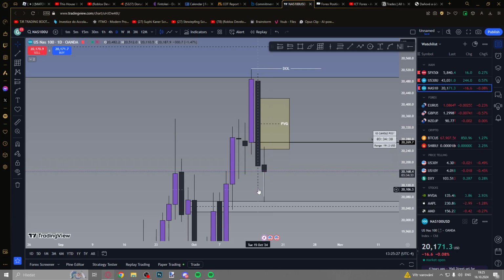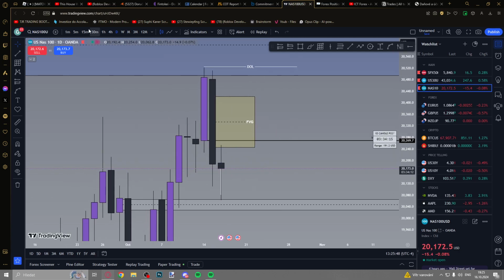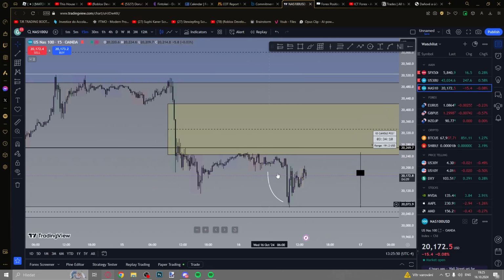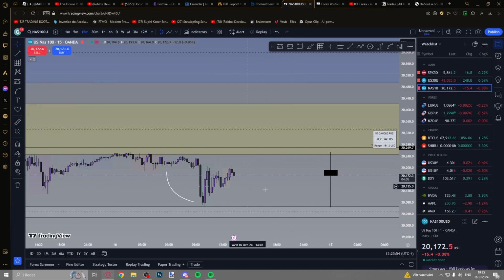We swept previous day low, which is a significant liquidity pool, into a PD array, and we reversed quickly, right? We didn't spend much time here, like you can see. Went in and out quickly.